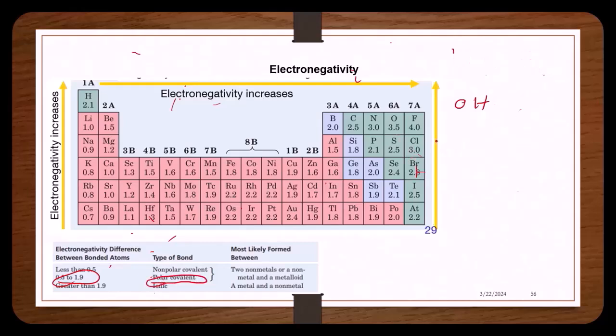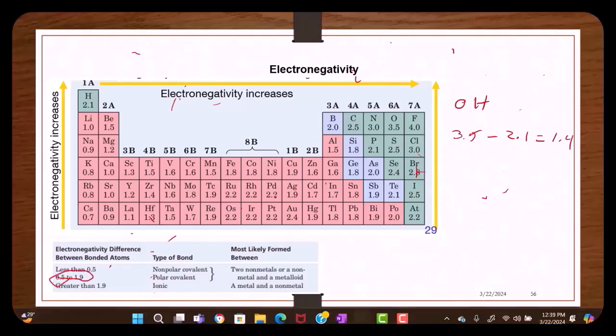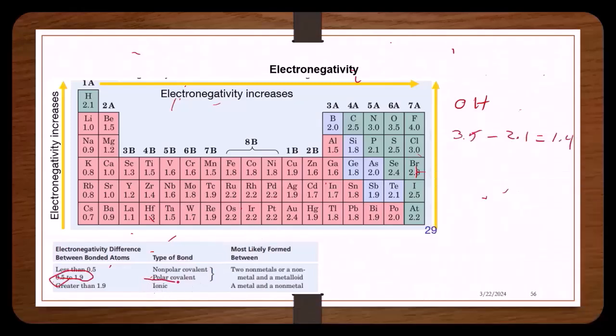Next we have oxygen, which is 3.5 minus 2.1. We have 1.4, and this falls in the polar covalent range because it's between 0.5 and 1.9, so it would also be polar covalent.